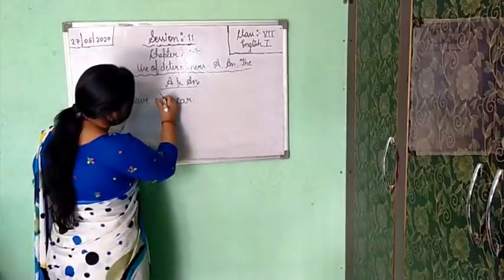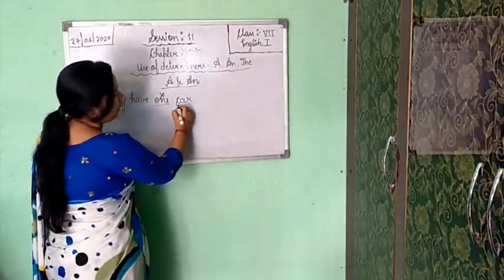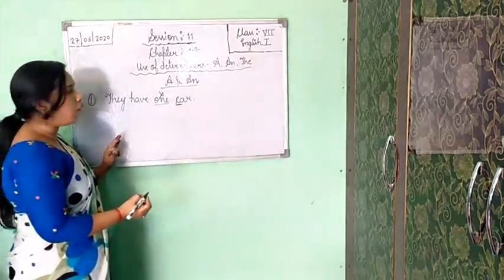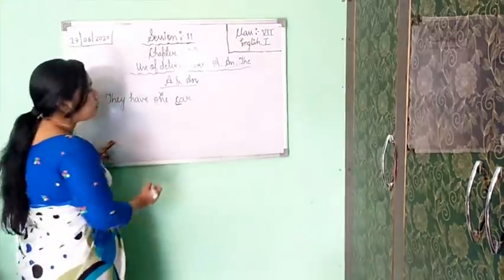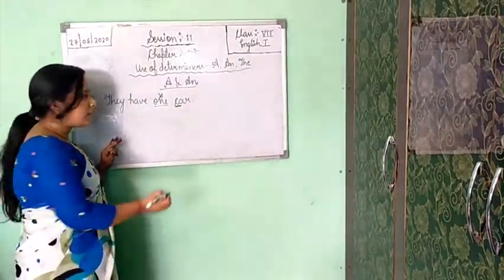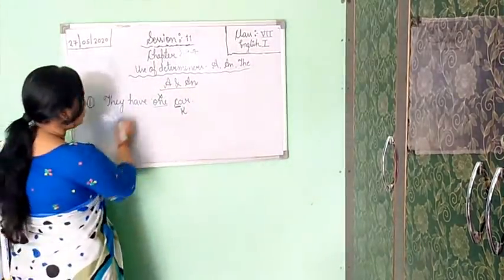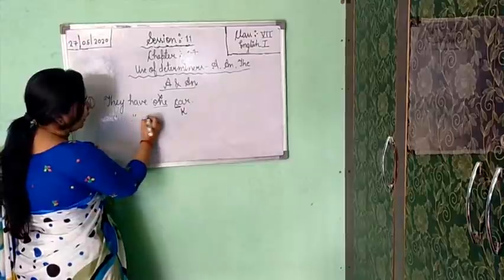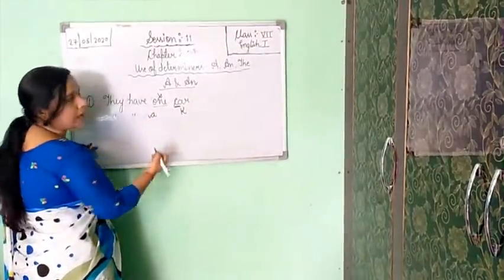Don't write one. Here, when you see the noun car, as I have told you, always just see the noun, and before it we use a determiner. When you see car, the pronunciation is coming of K, and K is your consonant. So at the place of one you will use a.